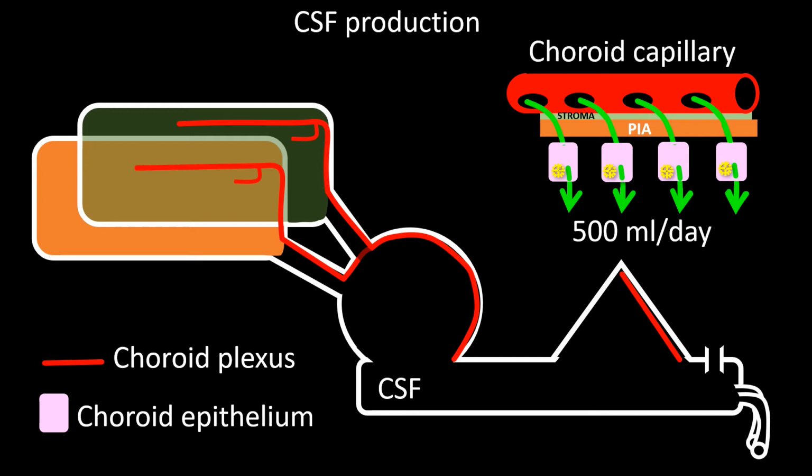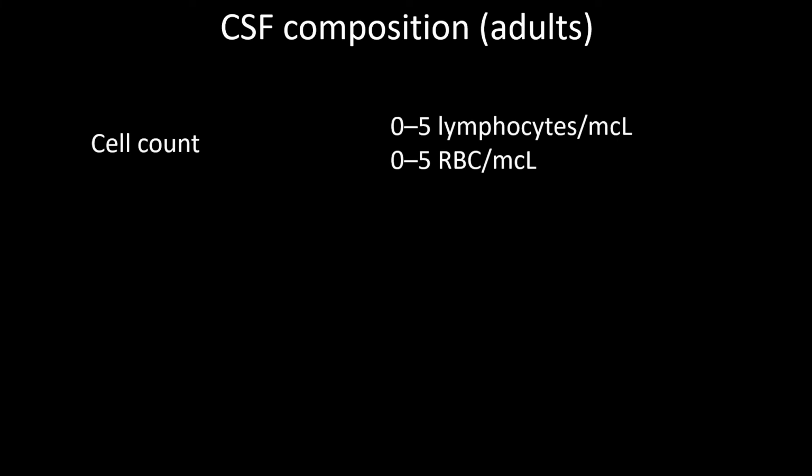The choroid plexus produces about 500 ml per day of CSF. The CSF constitutes about 10% of the intracranial volume. In adults, normal CSF has less than 5 lymphocytes or red cells per microliter.